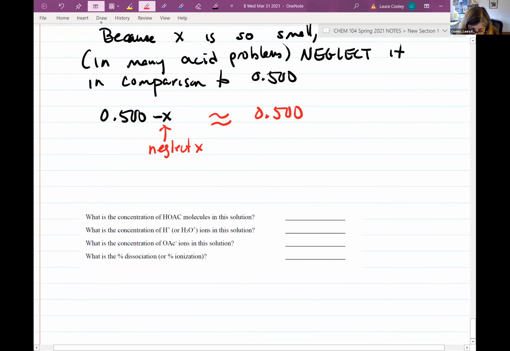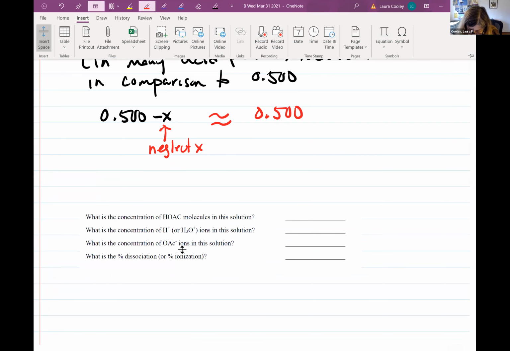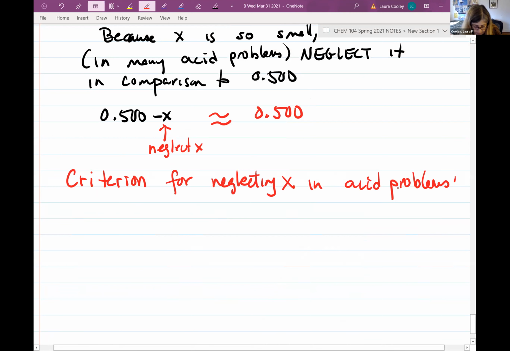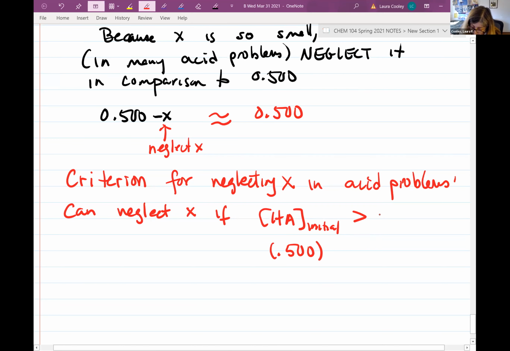But I have to tell you what criterion we use to neglect X. So the criterion for neglecting X in acid problems is this, okay? You can neglect the X if the initial acid concentration, in this case 0.5, is greater than 100 times the Ka.